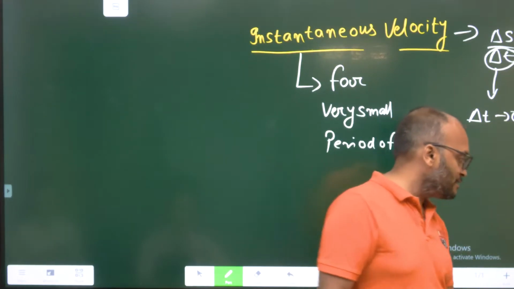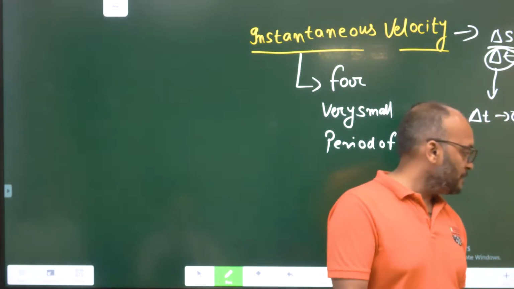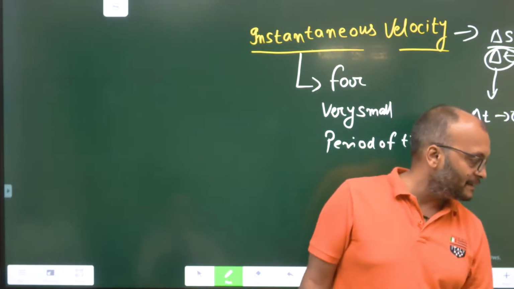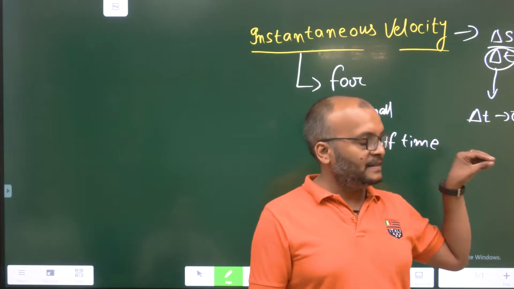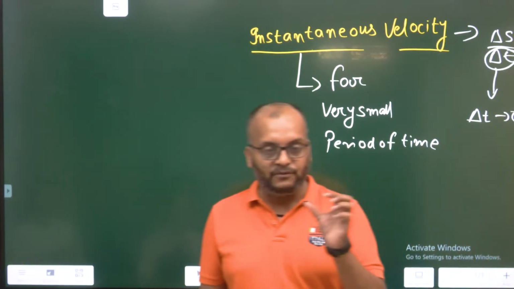Are you getting it? Delta T is approaching 0. It is very, very small.